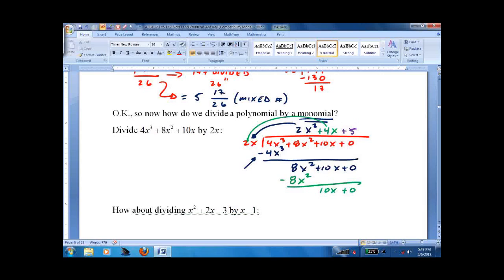I happen to know it's going to be 5, but hey, let's check. 5 times 2 is 10. 5 times x, there is nothing. It's 1 times x, it's x. 5 times 2x is just 10x. Change the sign. The remainder of 0, but we don't write that in. We just leave it. So, to put it all together here, 4x to the third plus 8x squared plus 10x all over 2x. That's the original problem here.